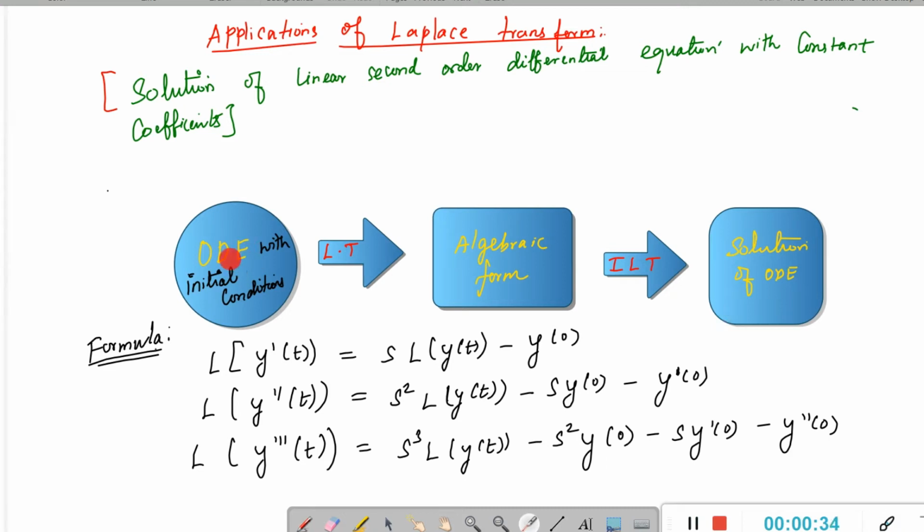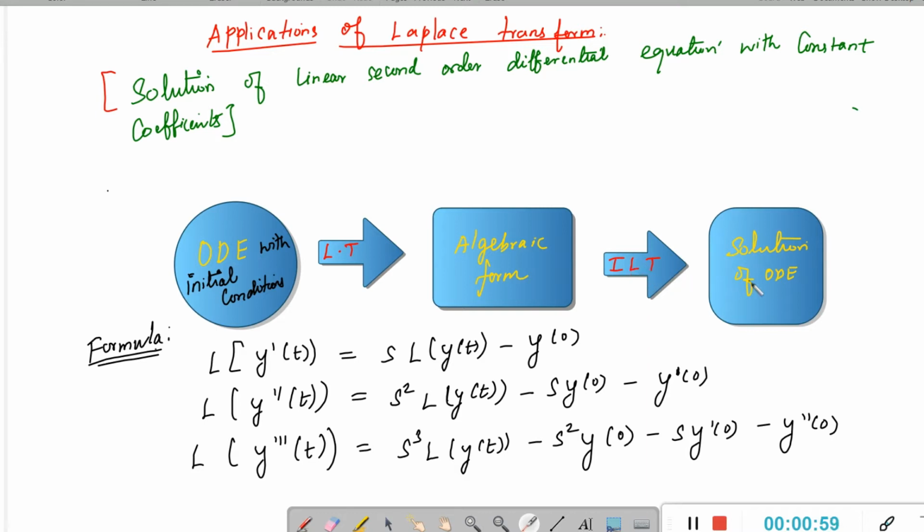Suppose you take an ordinary differential equation with the initial conditions. I am going to take a Laplace transform on both sides. After applying some derivative formula, you may get the algebraic form. From that, I am going to apply inverse Laplace transform.